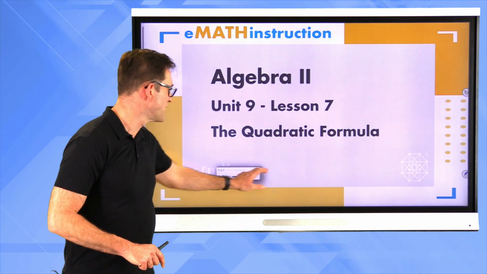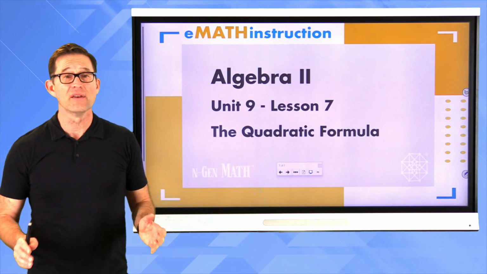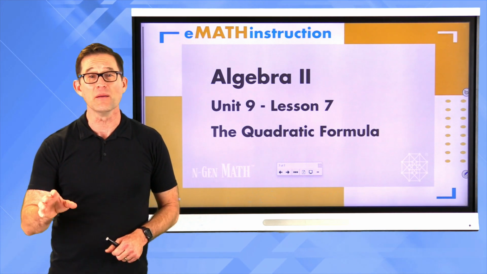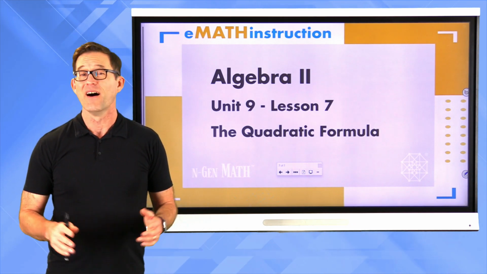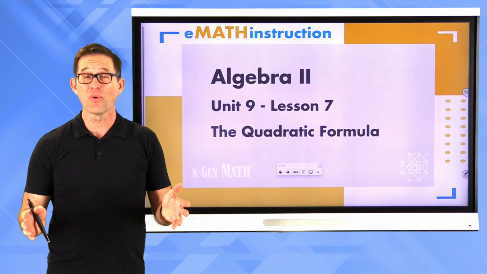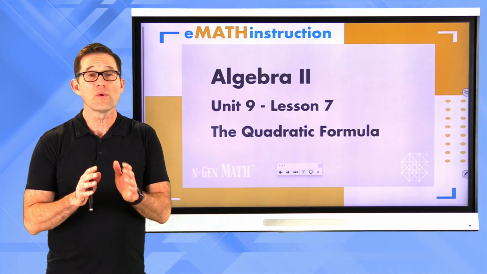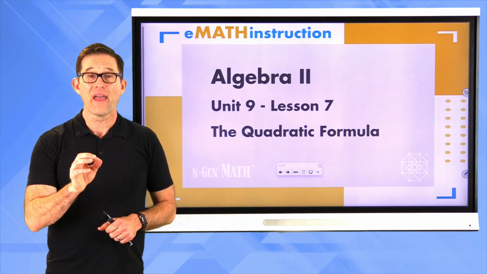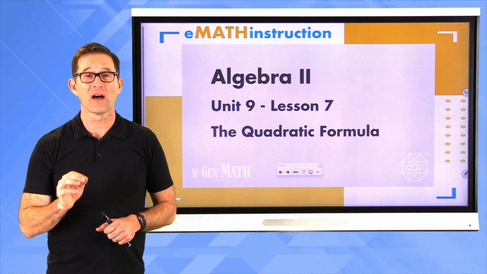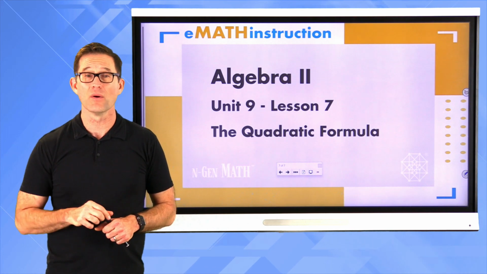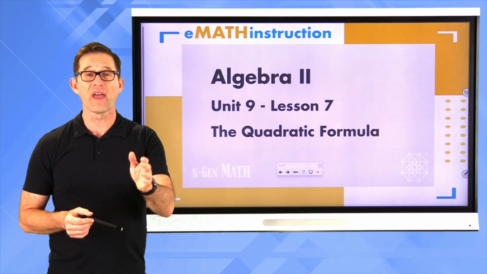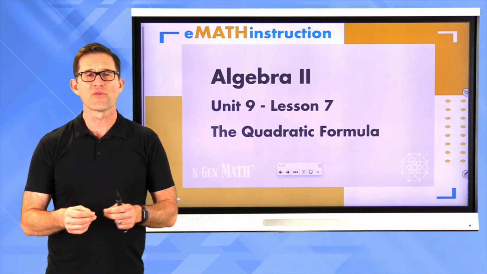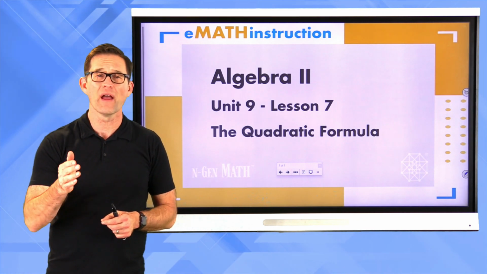All right, let's wrap this up. Now, there really wasn't anything new that we did today that you didn't do in Algebra 1, but the quadratic formula is probably buried deep within your head. It's a simple formula that as long as we've rearranged our quadratic equation into the form a times x squared plus b times x plus c equals 0, we simply take the values of a, b, and c, substitute them into the formula, do some arithmetic, and we'll get our two answers.